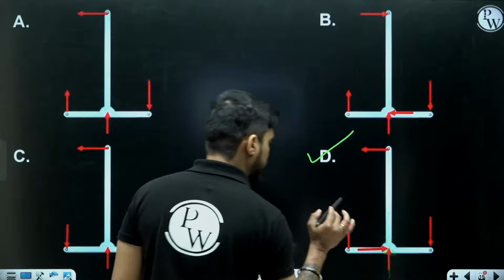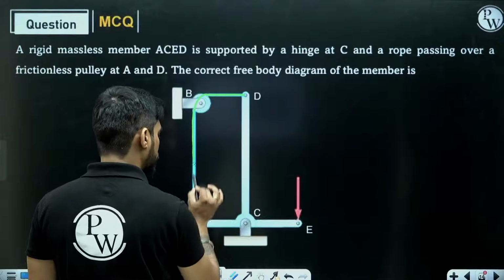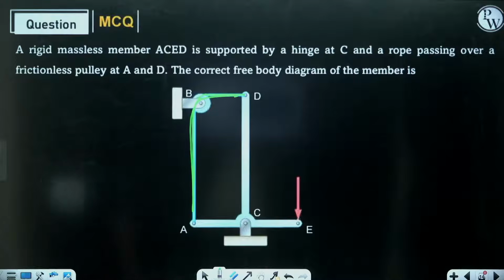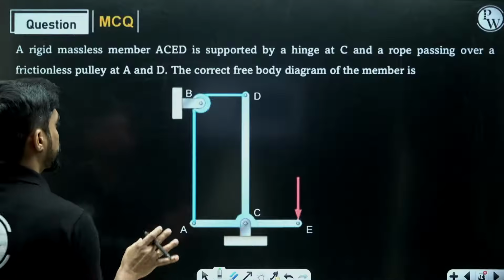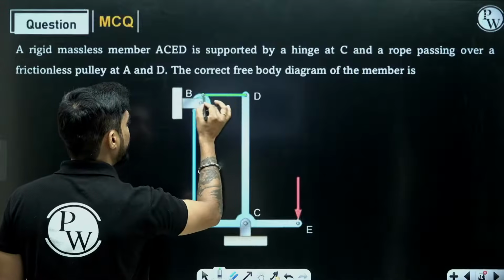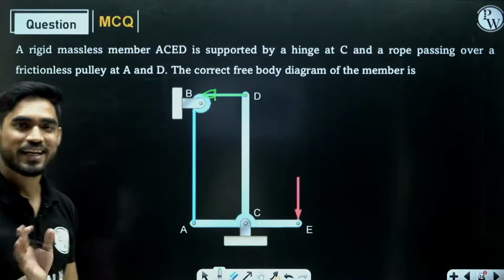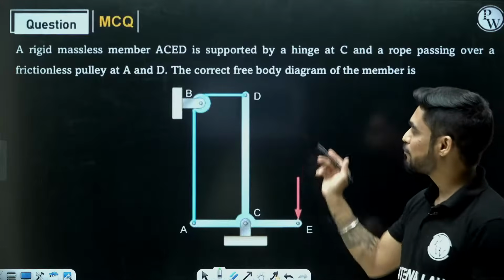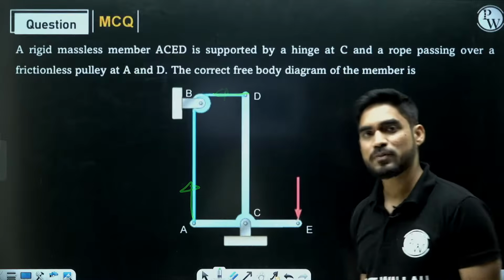But when I consider the force acting due to this rope, it must be tensile, because it is 100% clear that the rope cannot apply a compressive force. So I have to apply only tensile force. Here I can't use my imagination. I hope this point is clear.